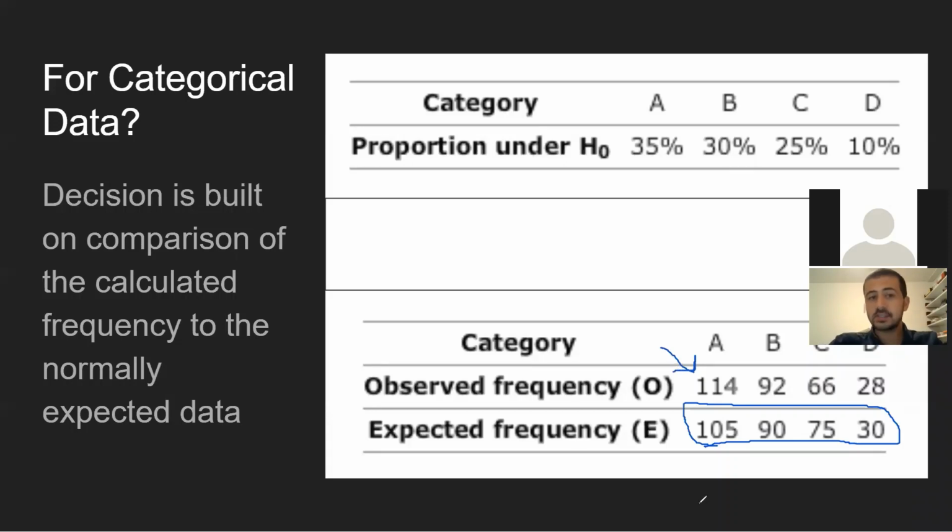What is the statistical test going to do? It will compare them. If these numbers are similar to the expected frequencies, then we can't reject the null hypothesis, and we accept the null hypothesis. They are similar, and our population doesn't have any distinct categories.